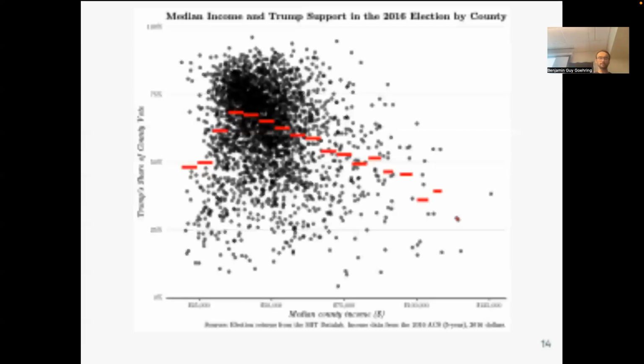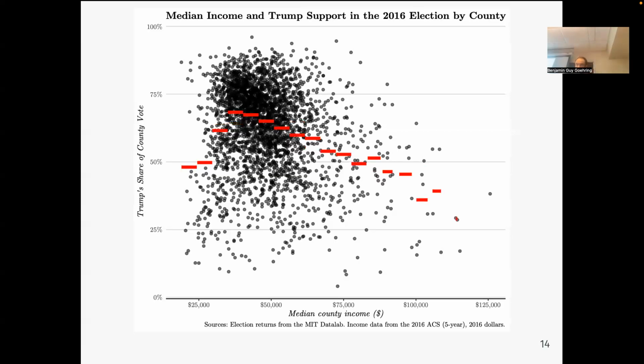But we could also keep going, right? We could draw even fewer bins or even more bins here. So there's going to be fewer and fewer counties in each of these. And now there's a trade-off here. We're picking up more of the variation. We're picking up this decrease here.